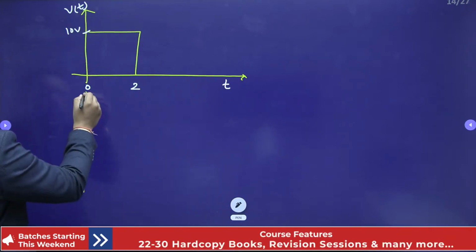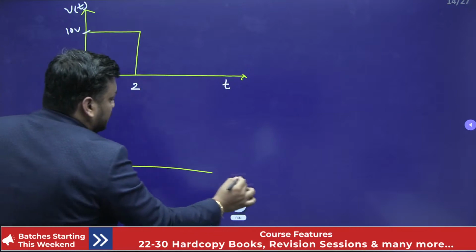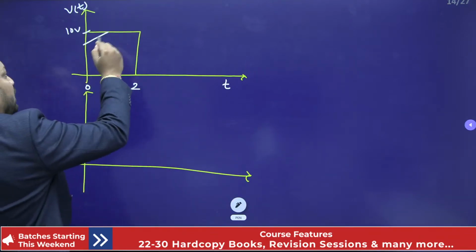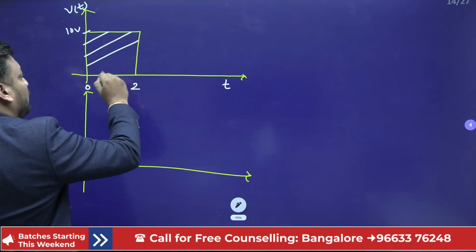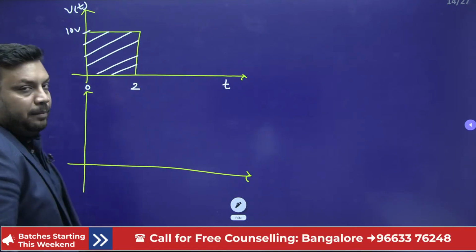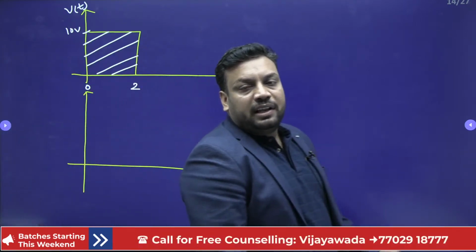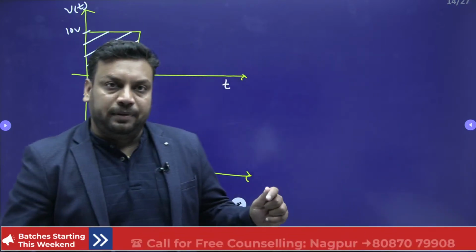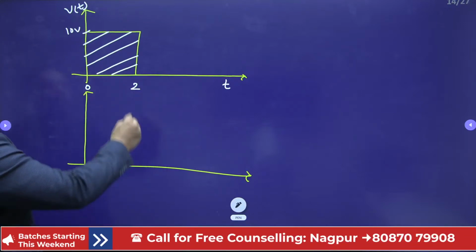Now if I want to integrate this, guys, do reply fast. As I told you in the last class, integration means we have to calculate the area of the step. In the process of integration, the area of the step will become the magnitude of the ramp.